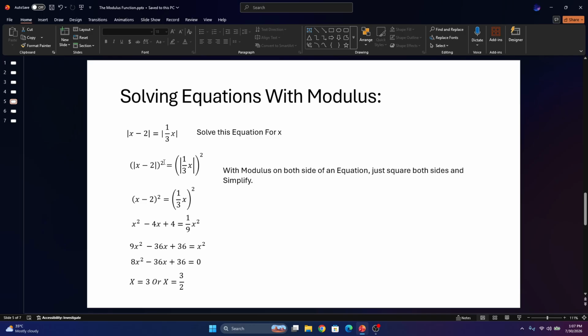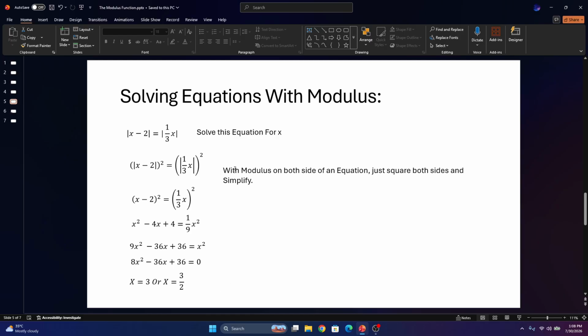We're just going to take the square, and that is going to make the modulus disappear. Now we're just going to square these expressions. We're going to get a quadratic form right here. We're just going to multiply that and get a quadratic equation at the end, and we can just solve it to find both values of x.